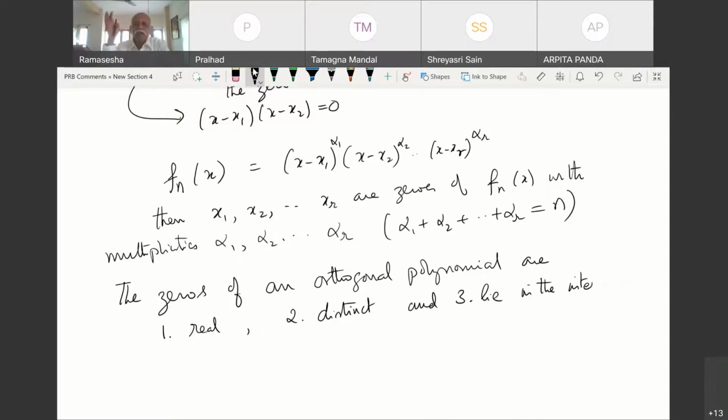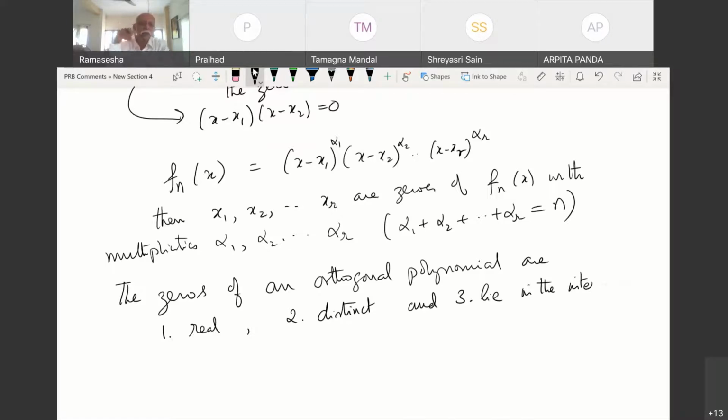The important thing is all these 1000 zeros will lie in the interval a comma b. So if I were to take my interval to be -1 to 1 and the weight function to be 1, then phi 1000 of x will have all its zeros lying between -1 and 1. Okay, and they will all be distinct.